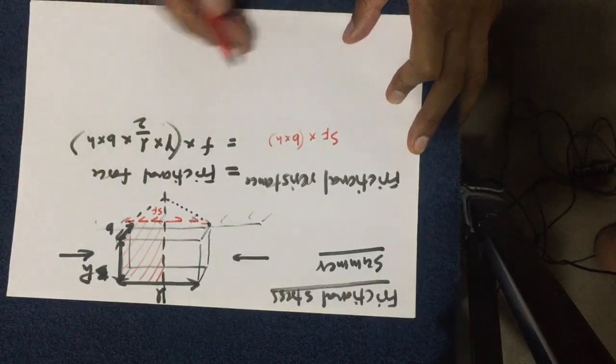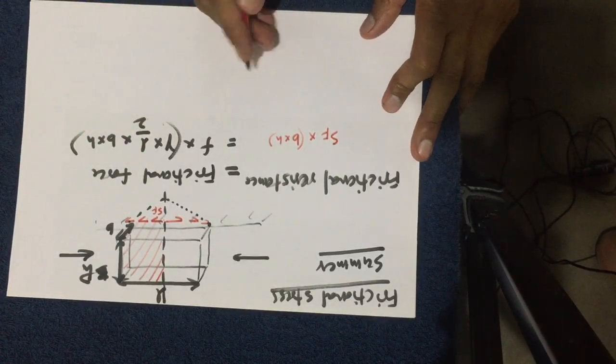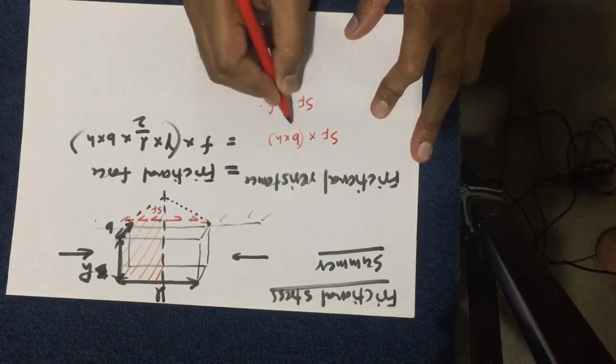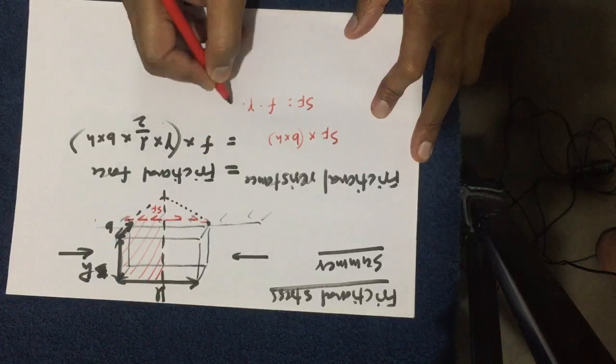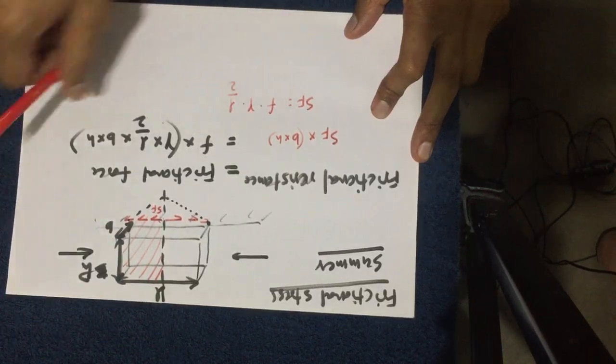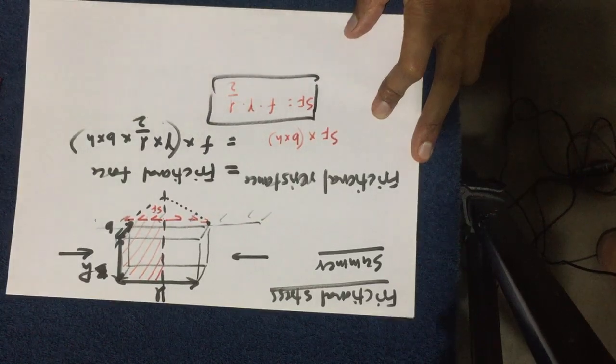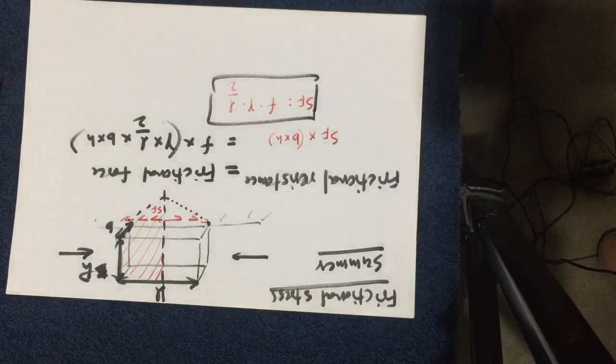After analyzing these two things, you can get the frictional stress SF equals F into gamma into L by 2, BH will be cancelled out. So this is how you can calculate the value of frictional stresses in the pavement slab.